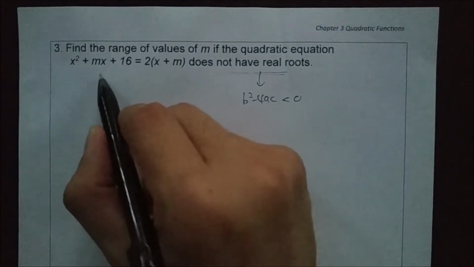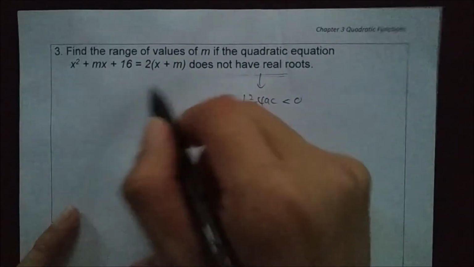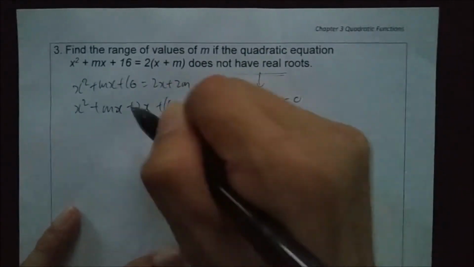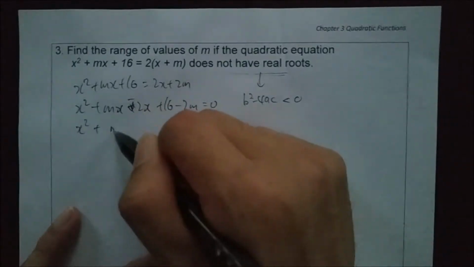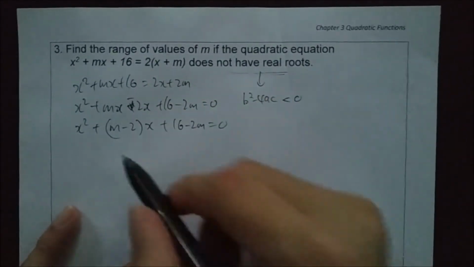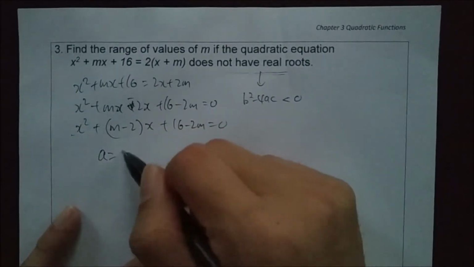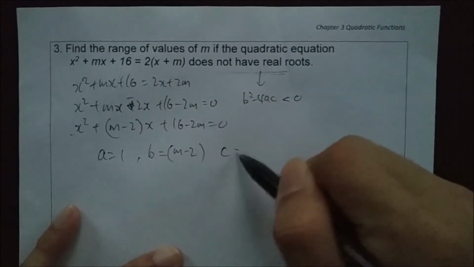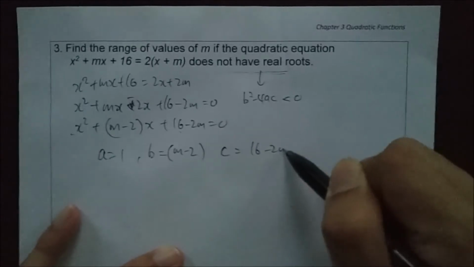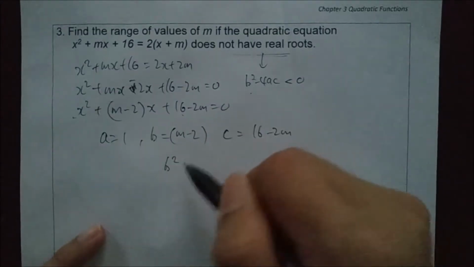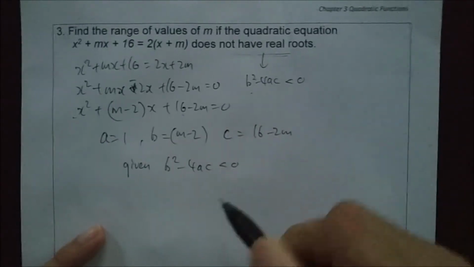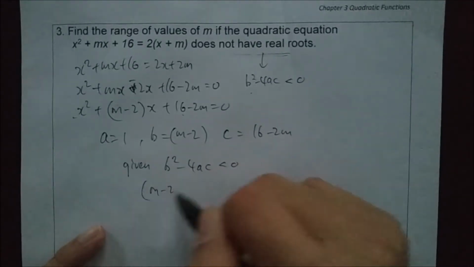Okay, so we rearrange this in general form. So now a equals 1, b equals m minus 2, c equals 16 minus 2m. Given b squared minus 4ac is less than 0, so b is m minus 2.